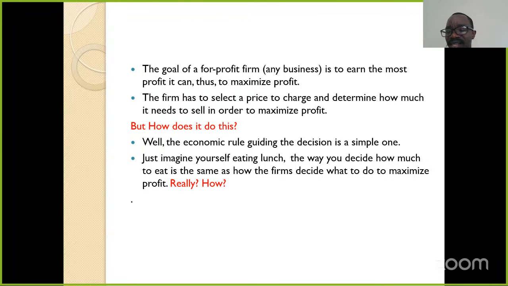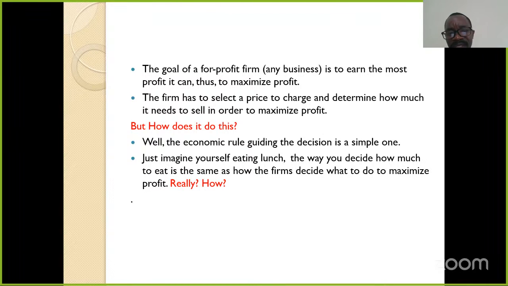Well, there's an economic guiding rule, the principle that guides business decisions. Just imagine yourselves taking your lunch. The way you decide how much to eat is the same way business firms decide what to do to maximize profit.